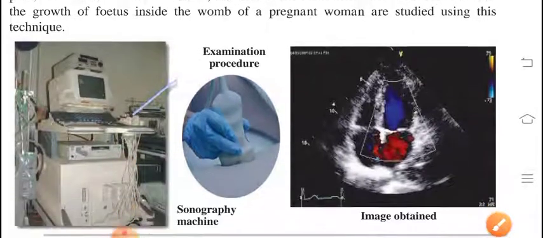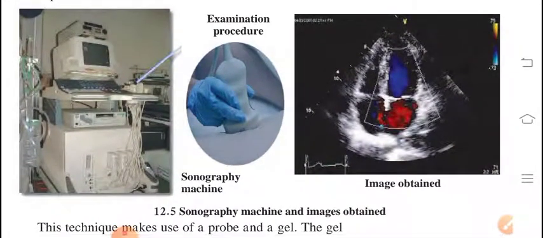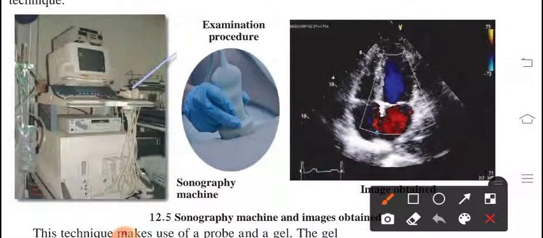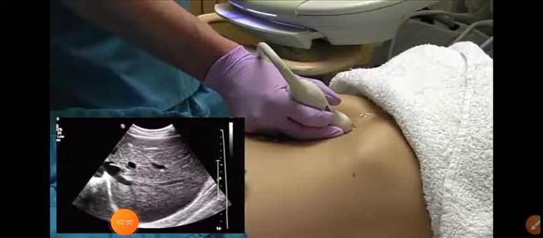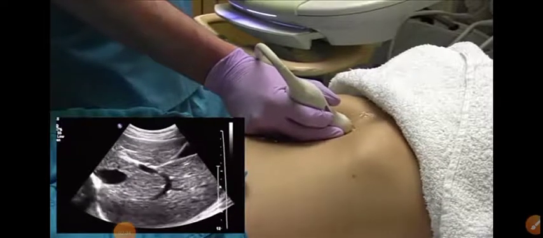So these are a few diagrams of sonography. This is the sonography machine. You can observe here. This is the examination procedure, and the image obtained on this PC is the image we are getting. But I'll show you how we are going to proceed with this. Here you can observe the procedure of sonography.